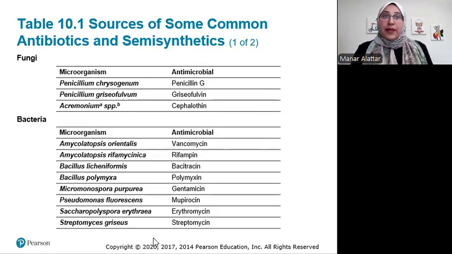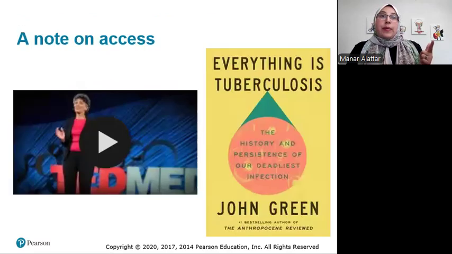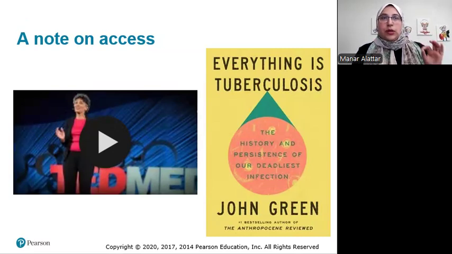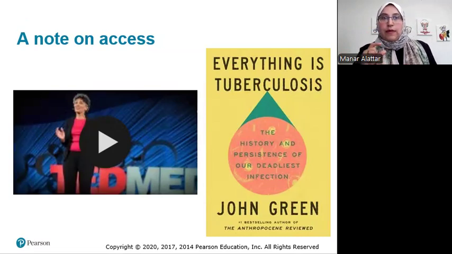We're going to talk about a number of these, but I want to make one really important note as we begin our discussion of antimicrobials and vaccines. And that is a note about access. Generally, throughout medicine, it is really important to note and to acknowledge the history of institutional injustice within medical systems. And that is particularly true of antibiotics and access to antibiotics, and vaccines and access to vaccines.